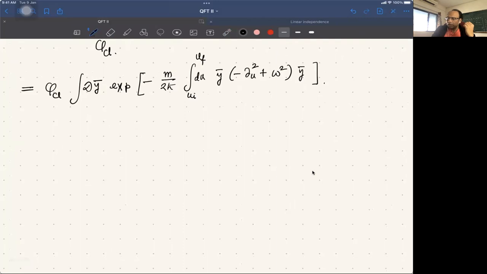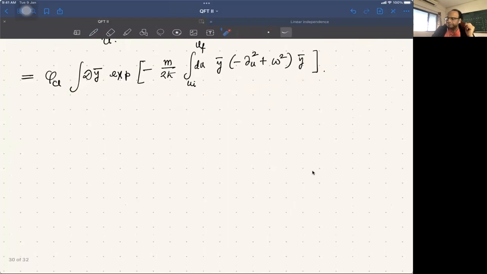Basically our job now is to do this calculation of the path integral. Path integral is integration over the paths, but the paths can be parameterized by performing Fourier transforms, and the Fourier coefficients can be the infinite number of parameters that parameterize the paths.